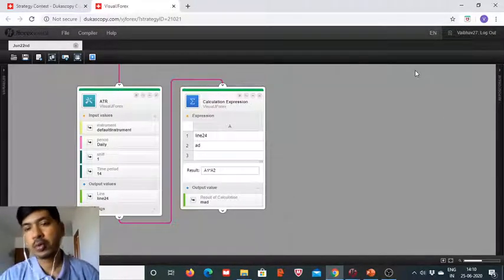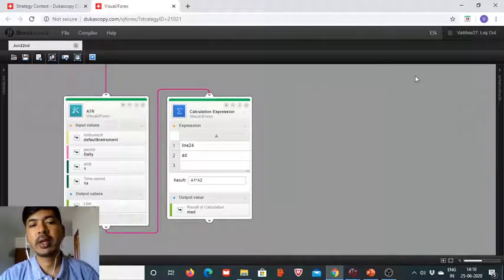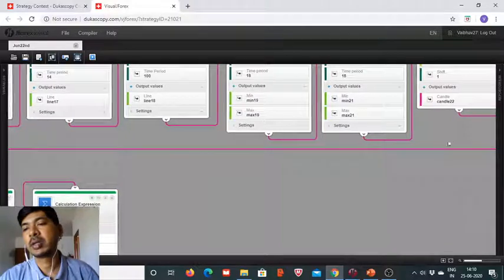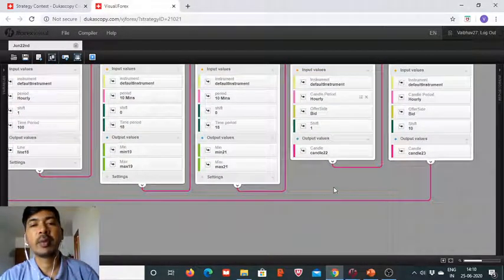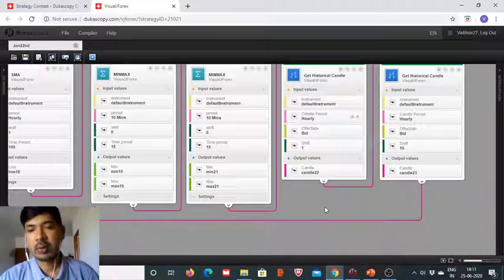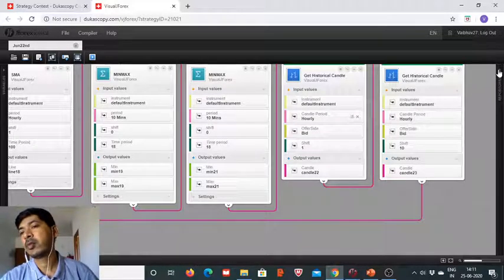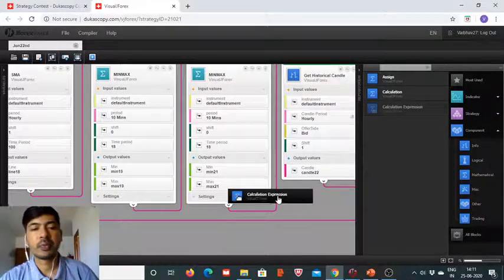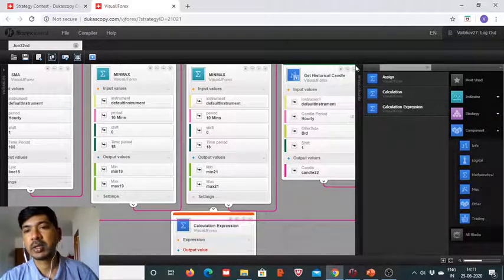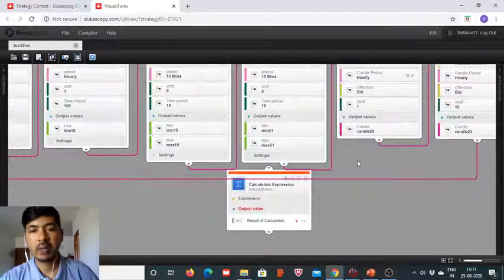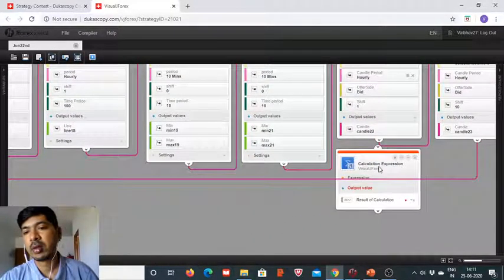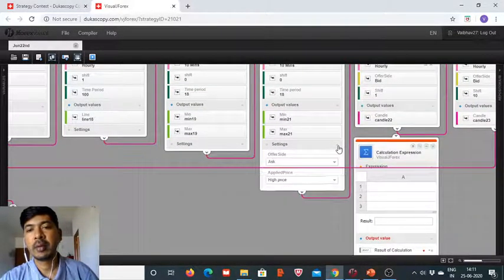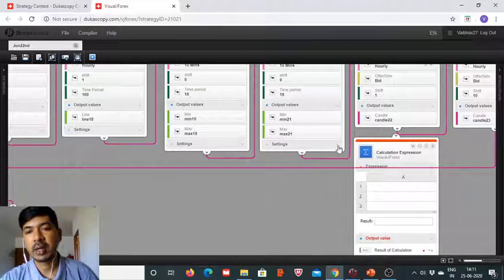Now, to calculate the actual volatility, we will need to carry out the calculation, the subtraction of the minimum value from the maximum value. And for that, we have to take into account one more calculation expression where we take the maxima of the high price, ask side.